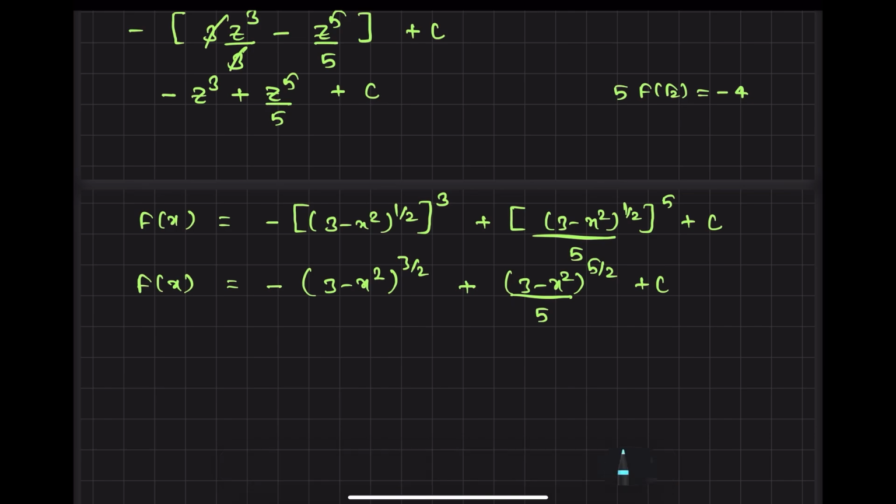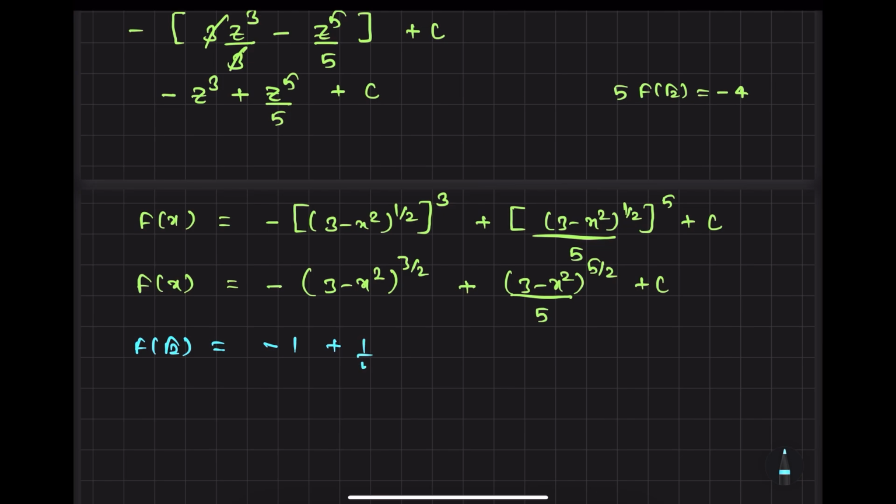Look at this. So f of root 2: it is minus of 3 minus root 2 square. Okay, so root 2 square is 2. So 3 minus 2 is 1. 1 power 3 by 2 is 1. Plus 3 minus 2, 1. 1 power 5 by 2 is 1.